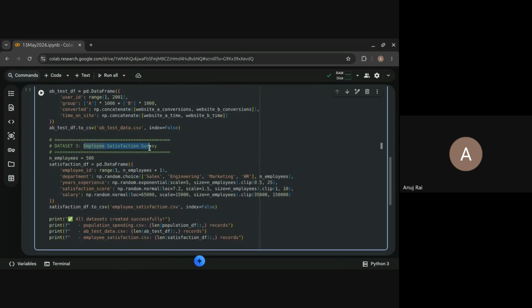And then employee satisfaction score. Similarly, we are creating 500 sample data.